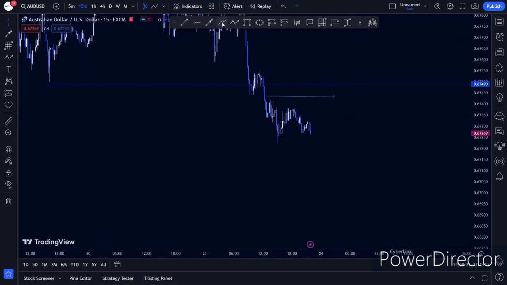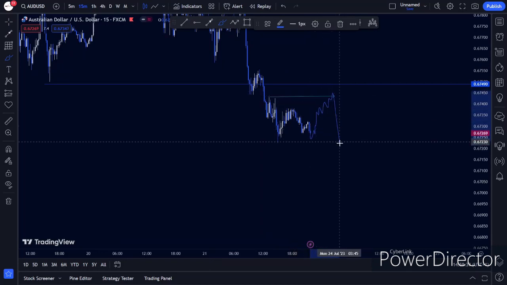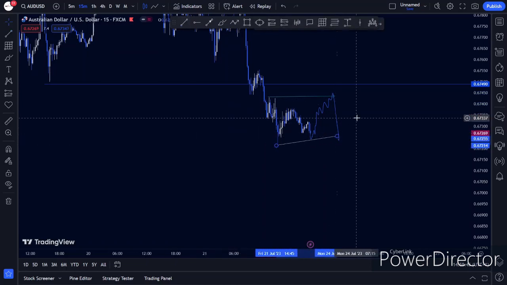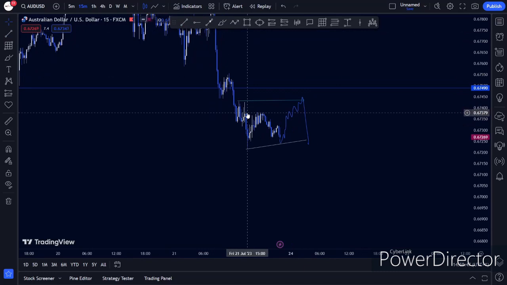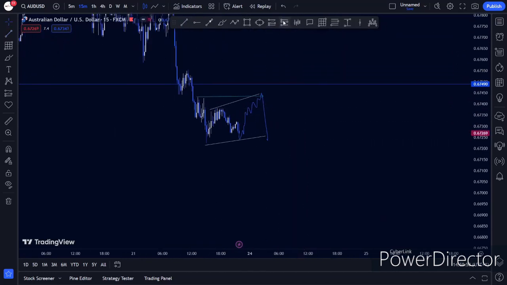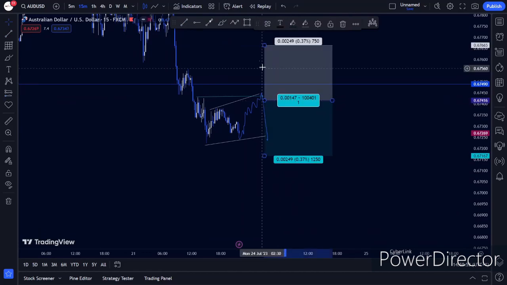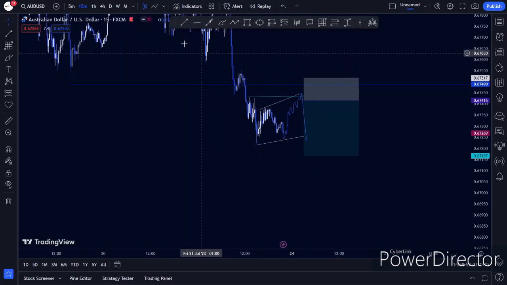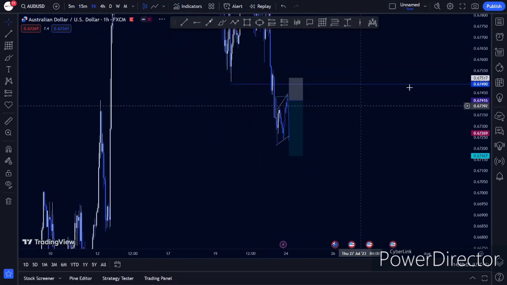So now we could get something like this, and then begin to get something like this, and then get two touch structures into the hook point there, mini hook point, and then we can actually position ourselves around there for 10 pips minimum.